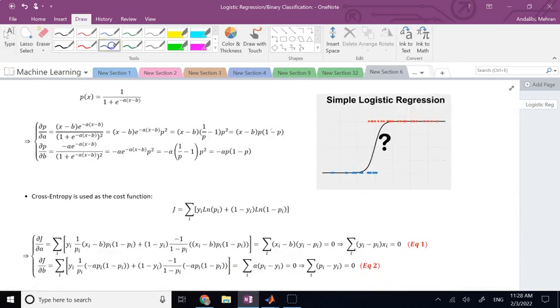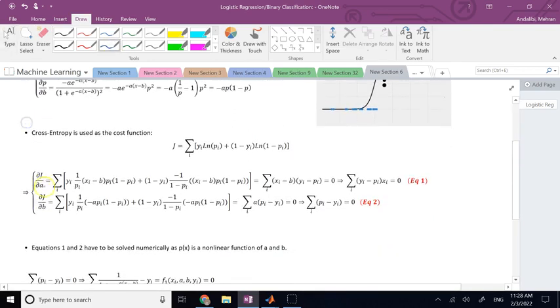How would you do it? Well, you take derivative of j with respect to a and b. Now, the y and 1 minus y are just constant numbers, so you treat them as constant. So now what is this? You're going to take derivative of this guy with respect to a, let's say. Well, you have to use the chain rule, right?